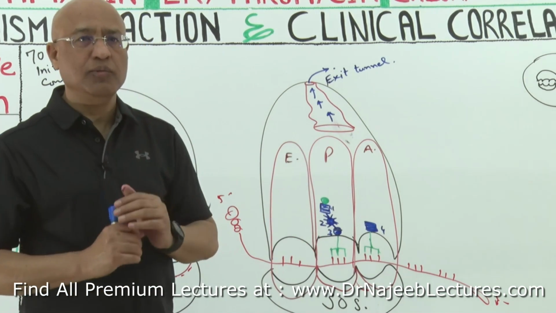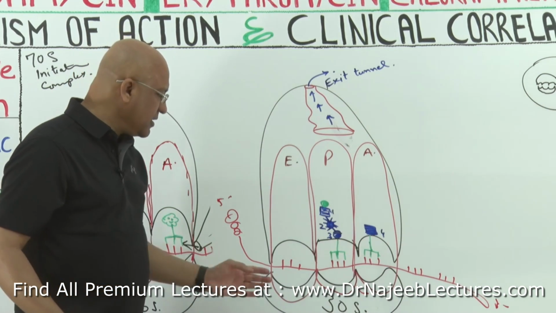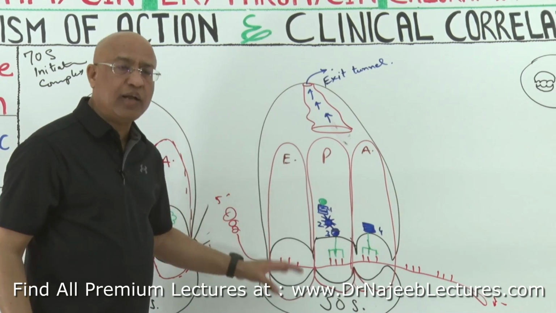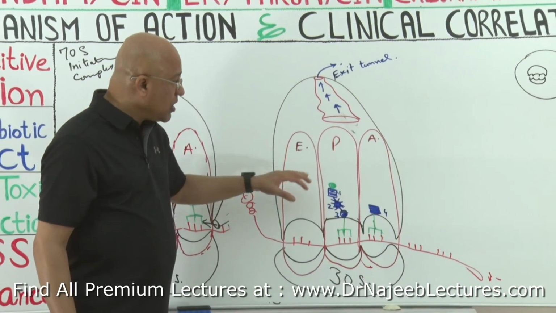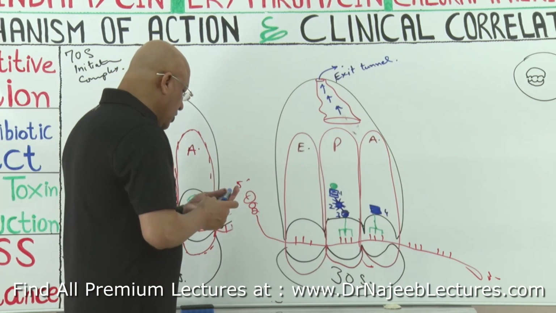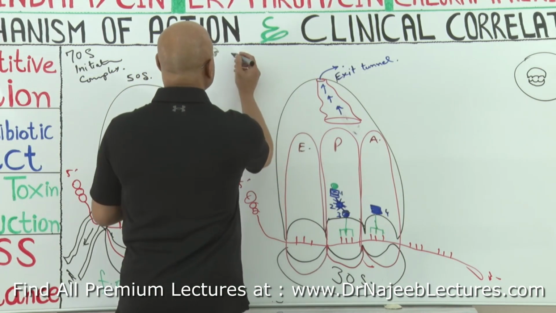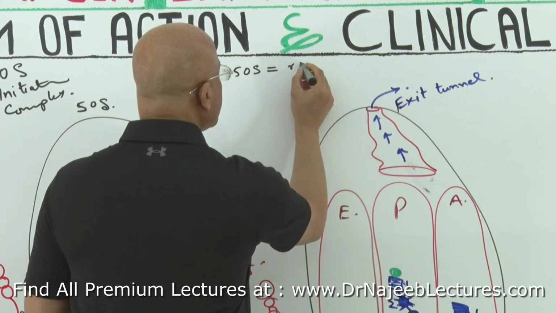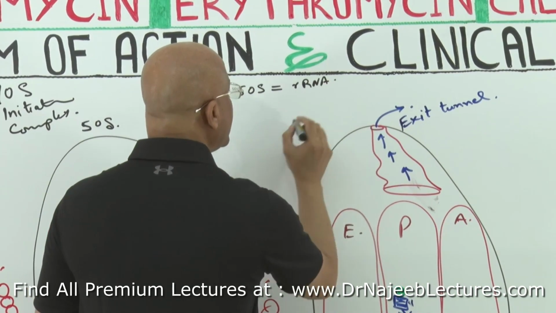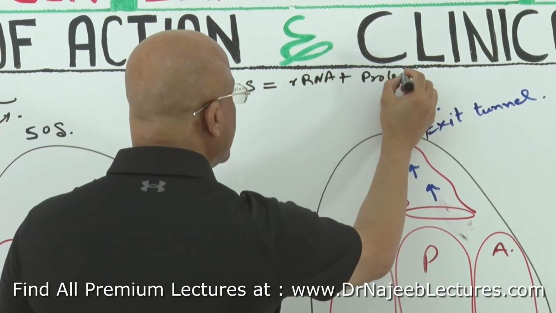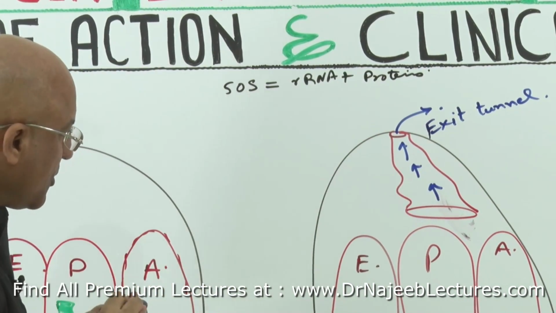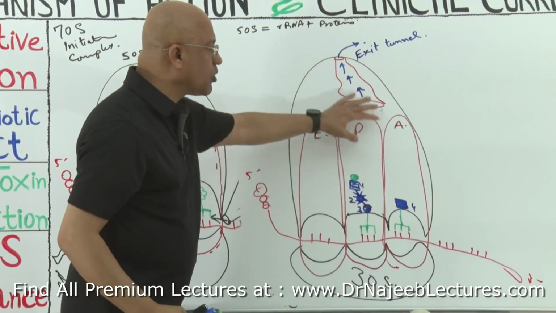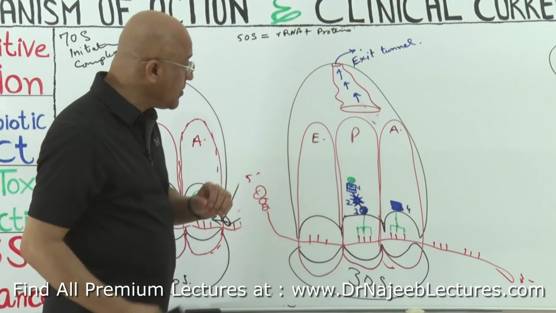So, in short, we can say basically 30S and 50S are both made of ribosomal RNAs and ribosomal proteins. Now, the structural components of the 50S unit are ribosomal RNA and proteins, arranged within the structure of the 50S subunit.